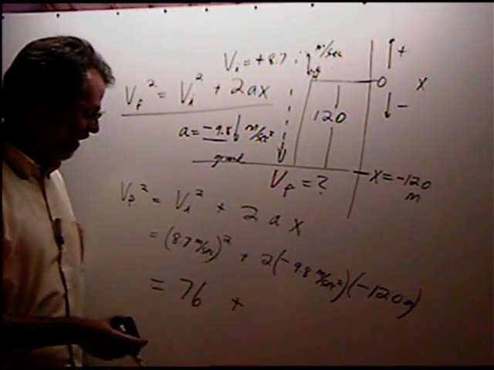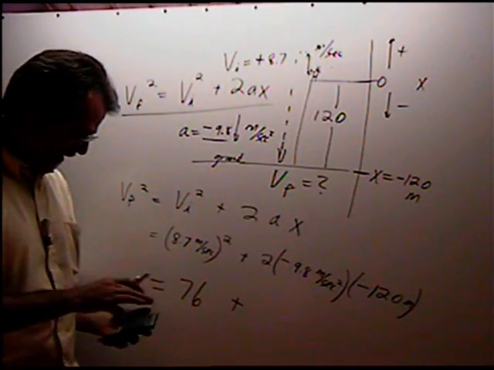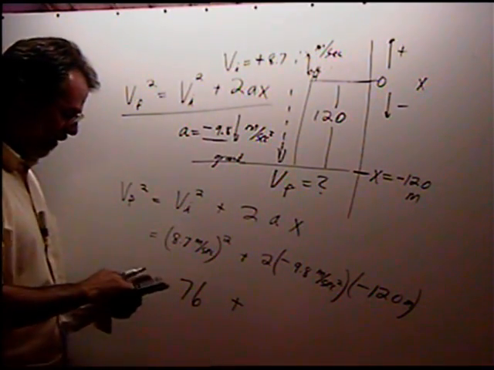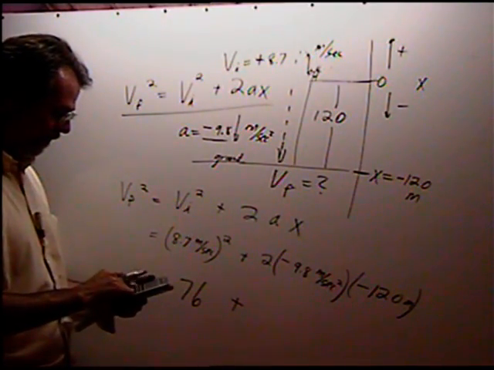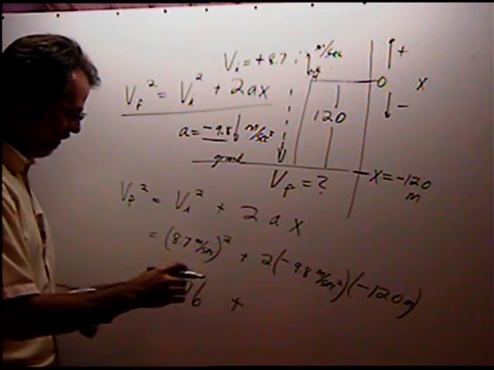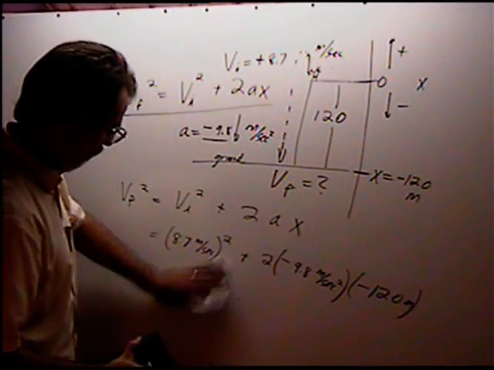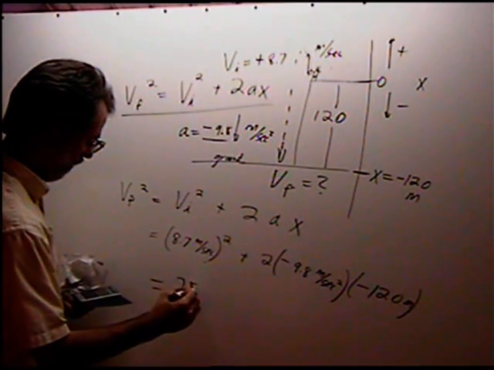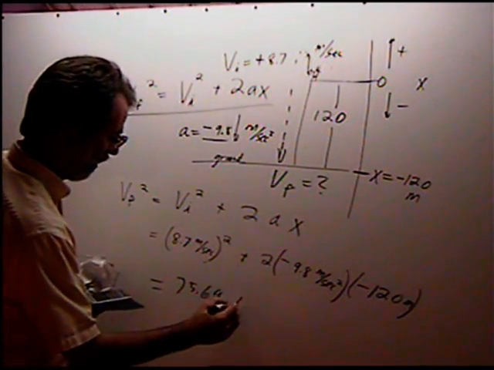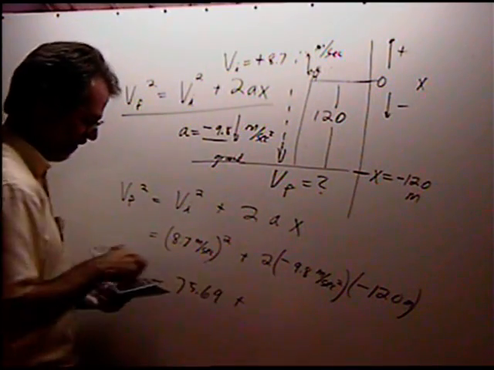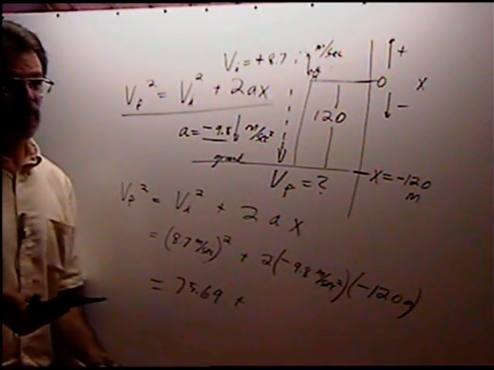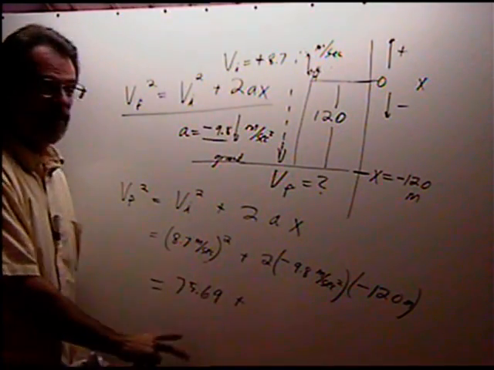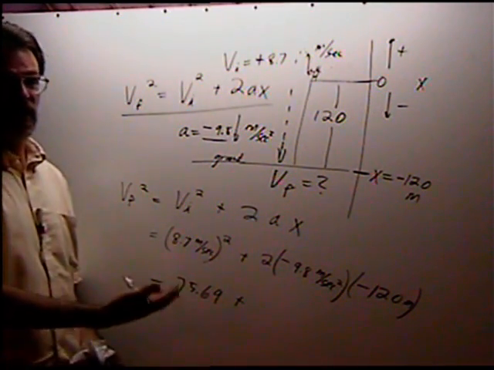What I do is, if you take 8.7 and square that, the full number is 75.69, and then I'm going to add to that this. What I do, and I would tell all my students, is you don't round off until you get to the final answer. Then you round off.